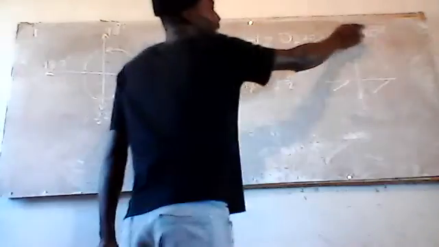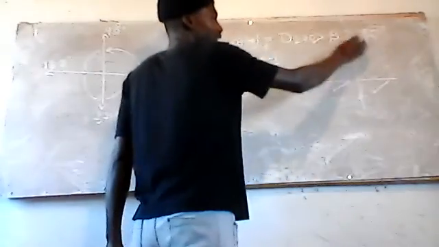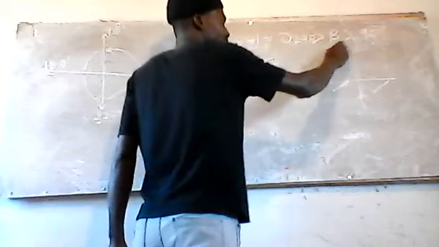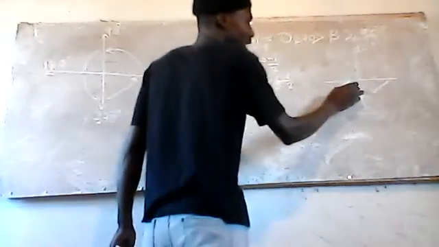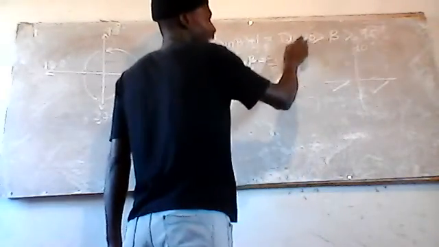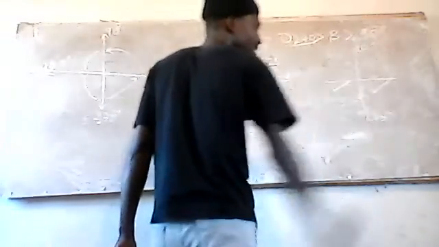Now let's look at the restrictions. What are they telling me? They are telling me that my beta is greater than 90 degrees. So that is 90 degrees. Anything greater than 90 degrees should include the second quadrant, the third and the fourth. But they are telling me it is less than 270. So we have 270 degrees.